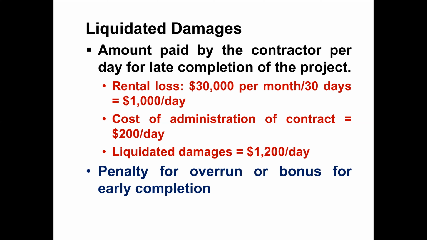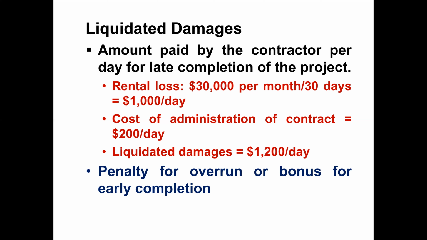Maybe they are not mobilizing enough labor force or enough engineers, or they are not keeping good progress on site. These are faults of the contractor. This penalty clause is always coupled with a bonus. So there will be a penalty for late completion, for overruns, or a bonus for early completion.